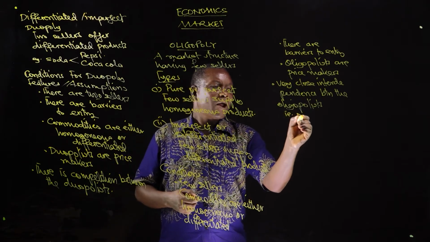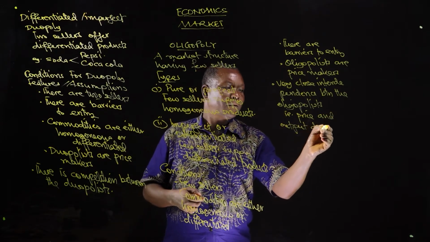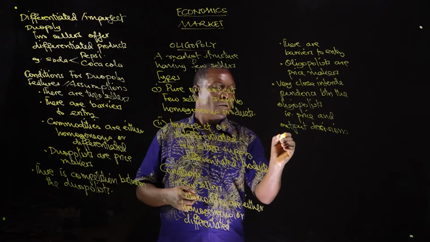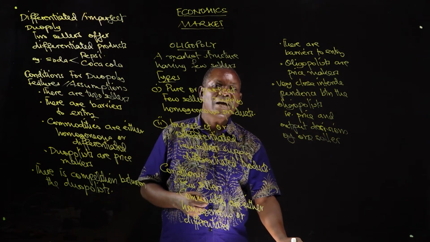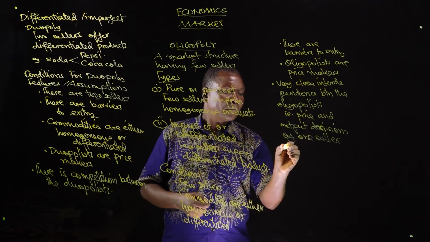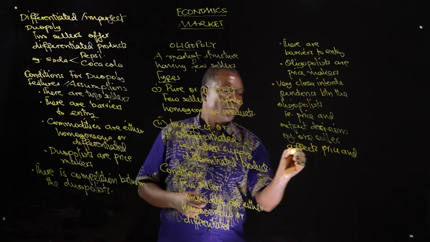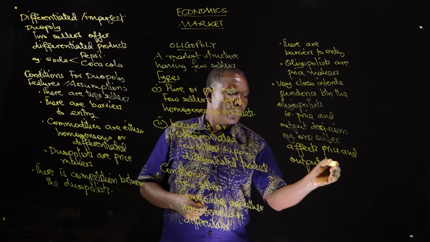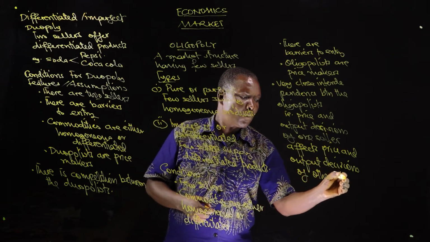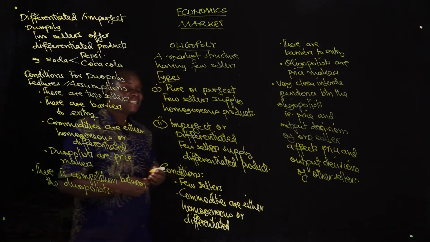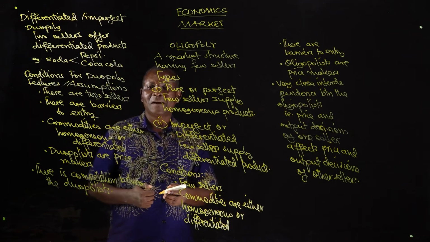In other words, price and output decisions of one seller affect price and output of other sellers.